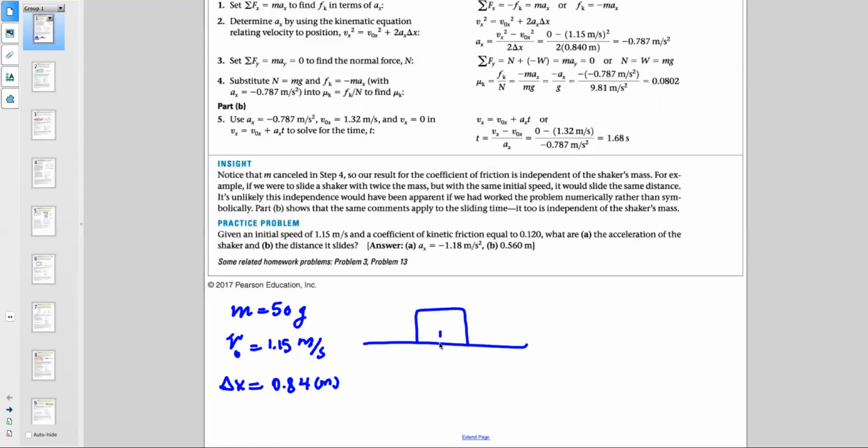So I have a box, I have W, which is mg, down, I have N up, and then I have friction, f_k, and this is the direction of motion. So the friction is always in the opposite direction.